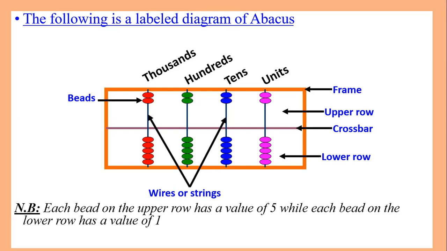From the right-hand side of the abacus, the first string represented units, 0 to 9. Then the next were tens, hundreds, thousands, 10,000s, in that manner towards the left-hand side. And the abacus contained a number of parts, which include the frame, upper row, crossbar, lower row, wires or strings, as well as beans.